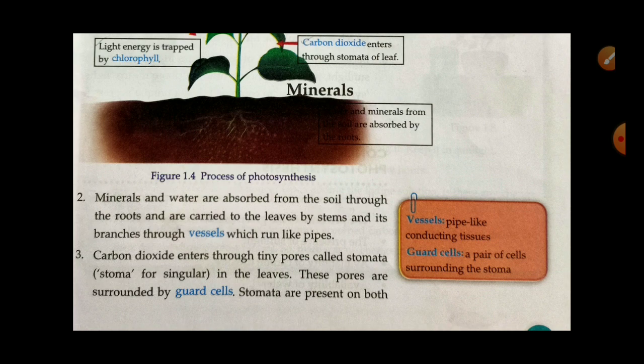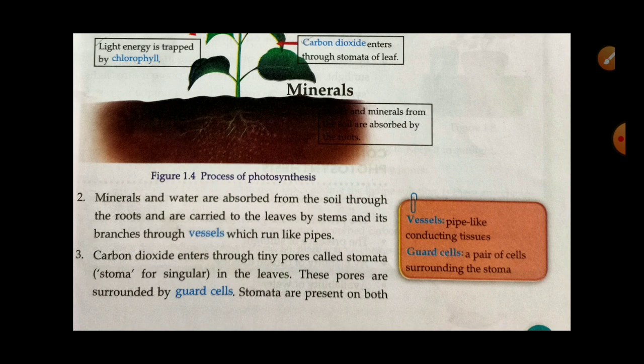After that, carbon dioxide. In the air carbon dioxide is present, and that carbon dioxide moves inside through the stomata. Stomata are present on the upper side and the underside, mostly on the underside and some on the upper side. Stomata are tiny pores, or holes, on the leaf surface.